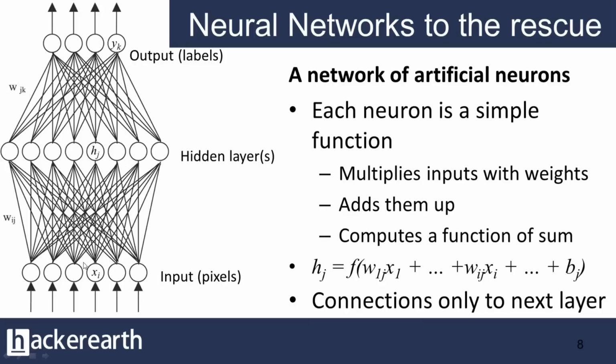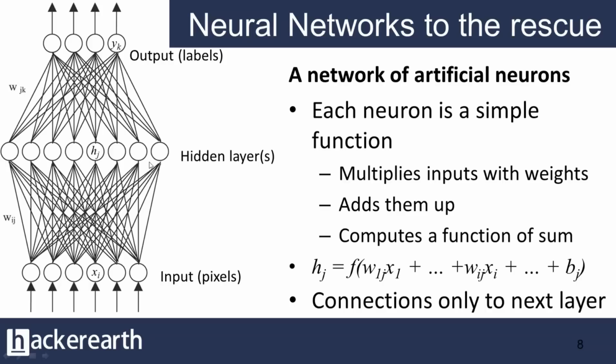And the output of one function goes to several functions, or several neurons, in the next layer, and then from the next layer to the next layer and so forth. So in this case, you have one set of neurons that just represent the input. In the previous example, this would be the pixels of the image.